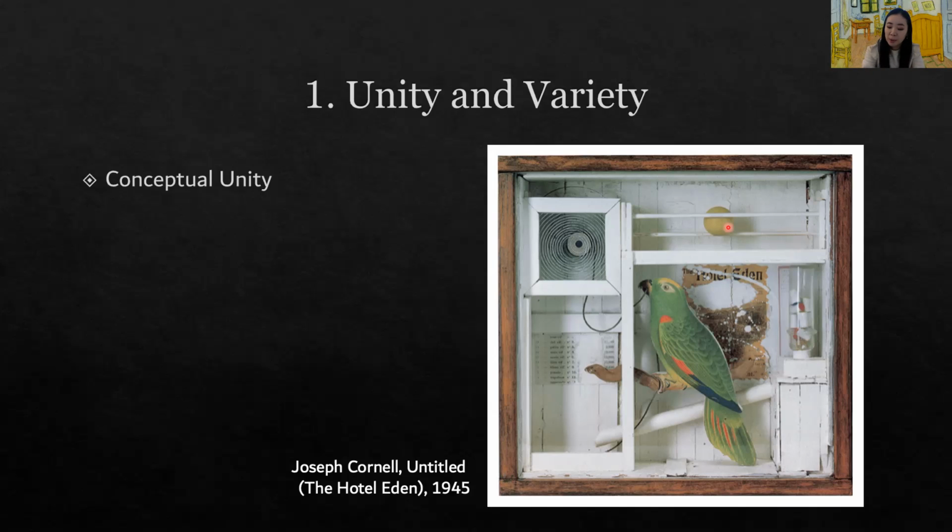So neither the bird nor the ball is free. That is the main theme that unites these two objects as a concept. So the bird and the yellow ball are conceptually united in this work of art. That's conceptual unity.